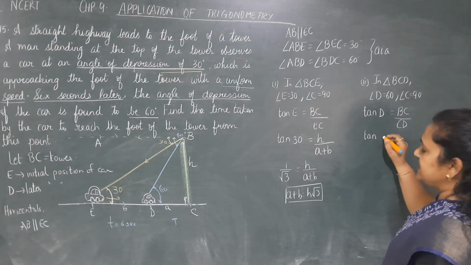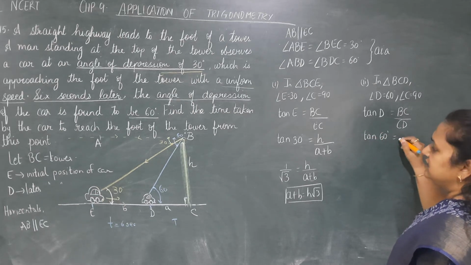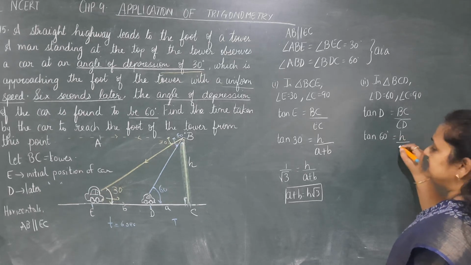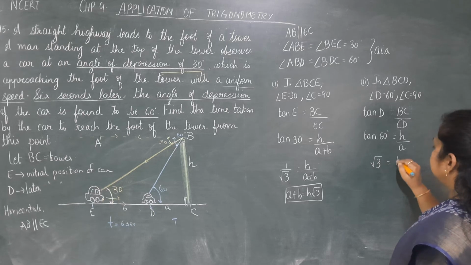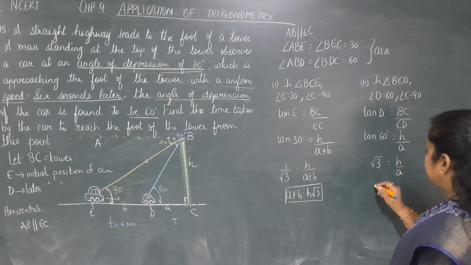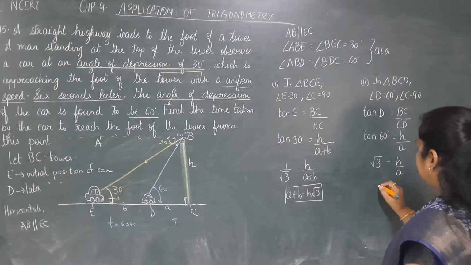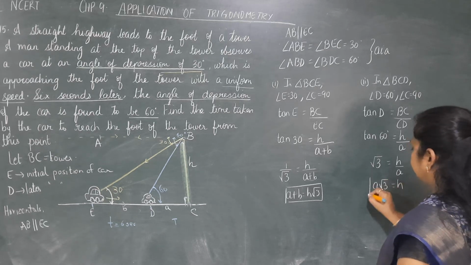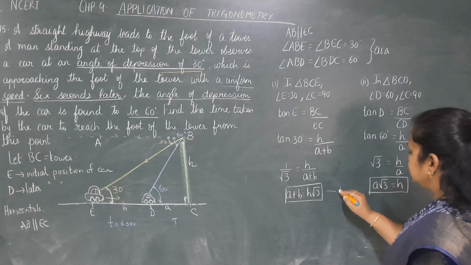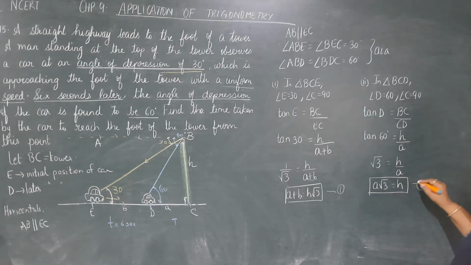Angle D is 60 degrees, BC is h and CD this time is a. We have root 3 is h upon a. So we get a root 3 is h. Let me call this 1 and let me call this 2.